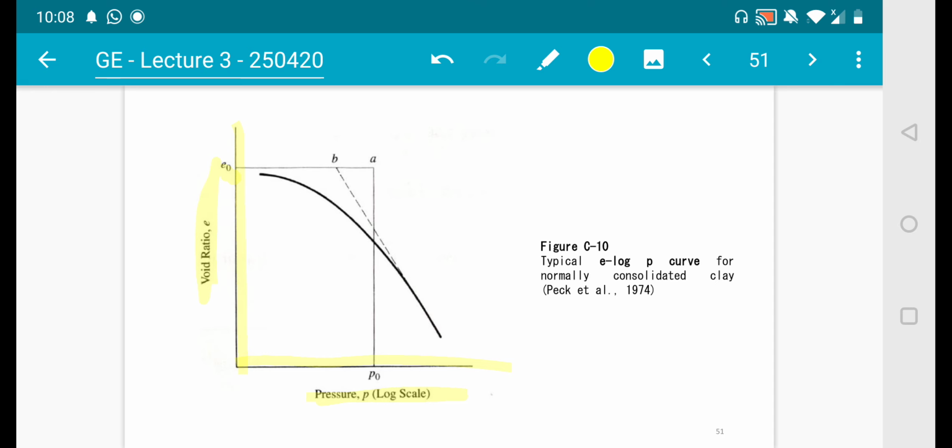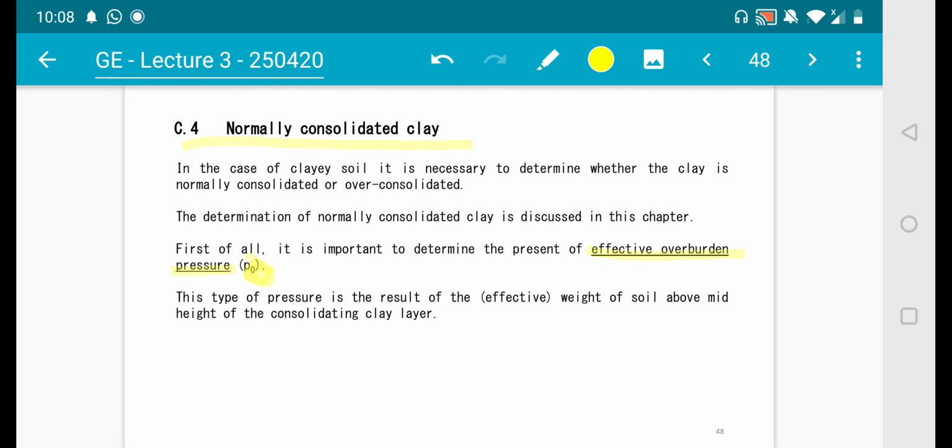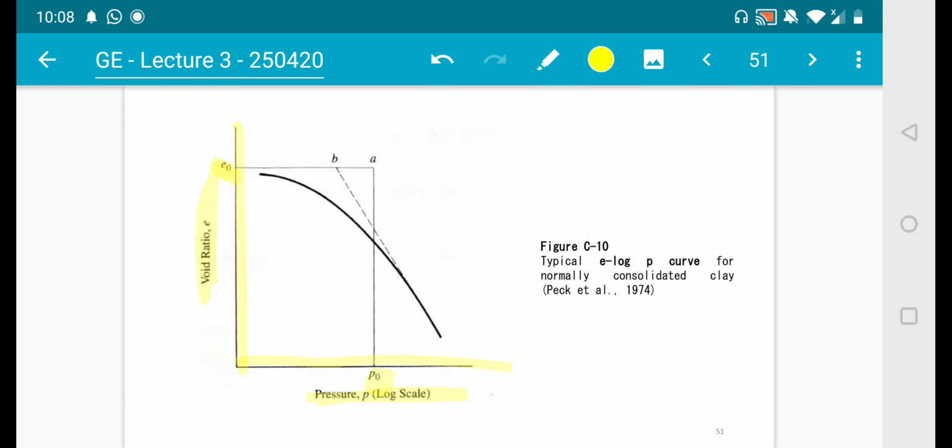You have to determine the initial void ratio and the pressure. P0, as I briefed you earlier, is the effective overburden pressure. So you make a line from e0 and P0 up here, and when it intersects, the point is called A.